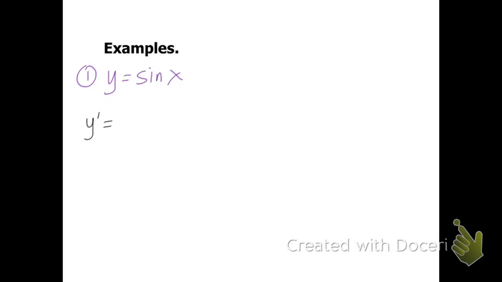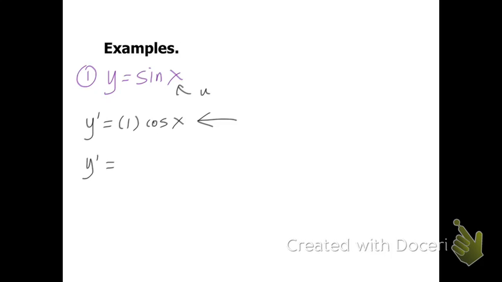So the rule is telling me write u prime, the derivative of u. In this case, u is going to be x. So the derivative of u is going to be 1, right? The derivative of x is 1. Then my rule is telling me multiply that by the cosine of u. That means the cosine of x. So I'm done differentiating.